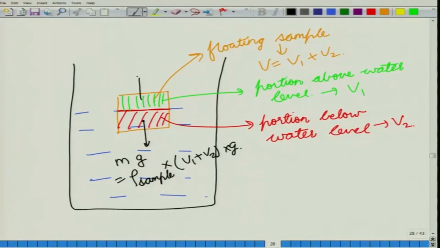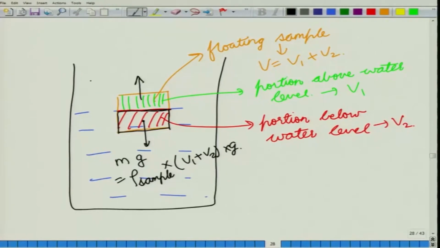What is the force that is acting upwards? The force that is acting upwards is equal to the weight of the liquid that has been displaced by our solid, using the Archimedes principle. So, the upward acting force, also known as the buoyant force, will be given by the weight of the liquid that has been displaced. The volume of the liquid that has been displaced is equal to V2.